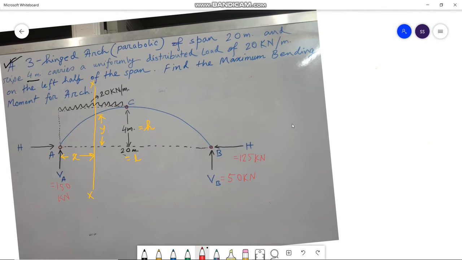So we have bending moment about section XX, that is mx equals to 150 into x minus 20 into x into x by 2 minus 125 into y, as the distance between the horizontal thrust and the section XX is y.